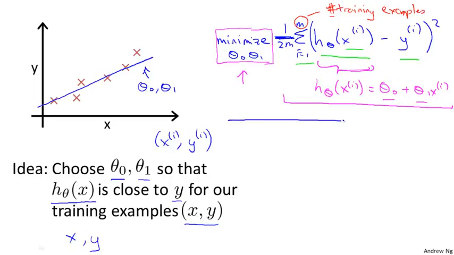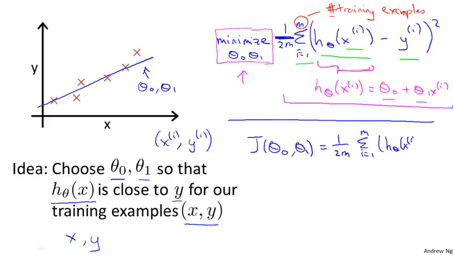And just to rewrite this out a little bit more cleanly, by convention, we usually define a cost function, which is going to be exactly that formula that I have up here. And what I want to do is minimize over theta 0 and theta 1 my function J of theta 0, theta 1.